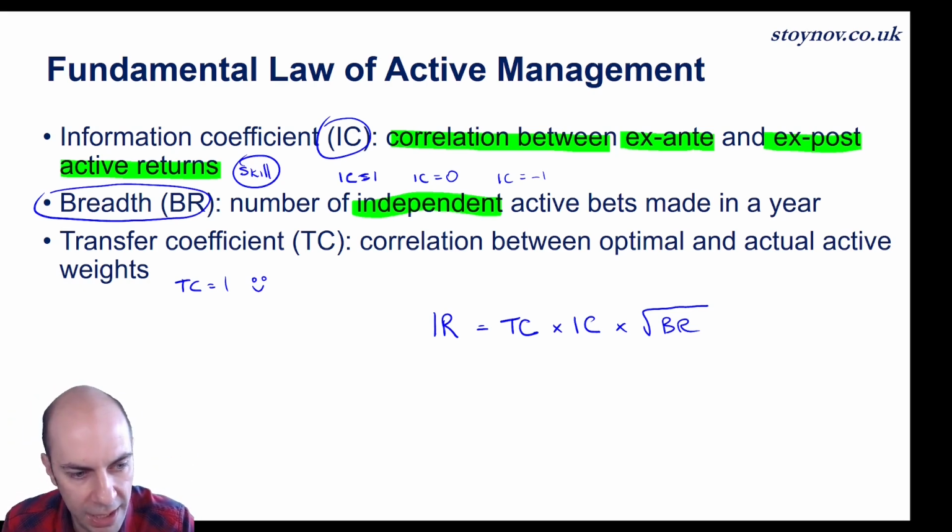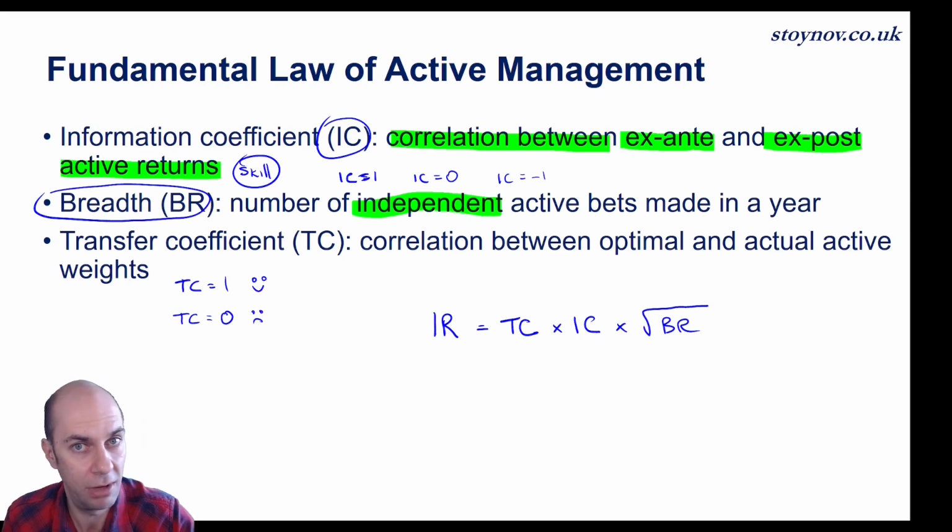Or I might be very, very constrained. So the transfer coefficient getting close to 0 is bad because now I'm fully constrained. Maybe they've told me you cannot trade, Martin, at all. You've got to keep all your money in cash. Well, then it doesn't matter how skilled I am. I'm not going to have any positive information ratio.